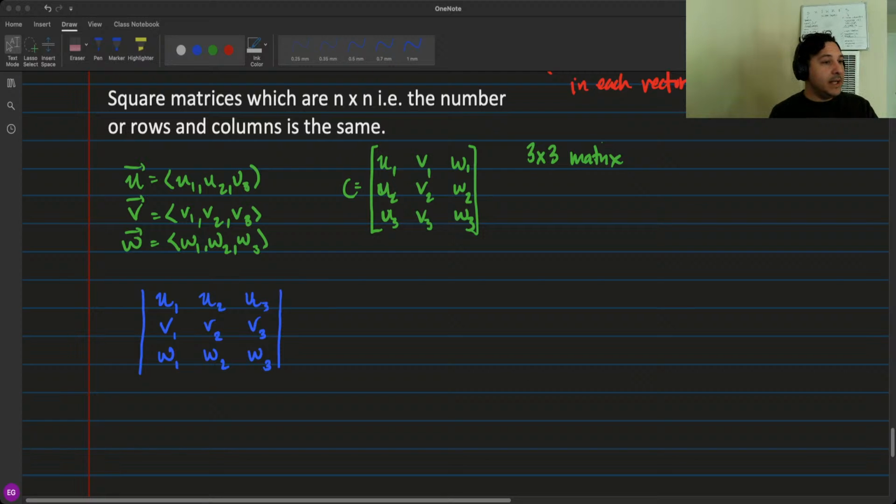Now the determinant is really interesting because it's a recursive operation, and I'll explain what I mean.